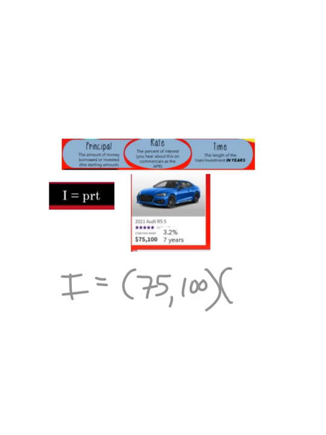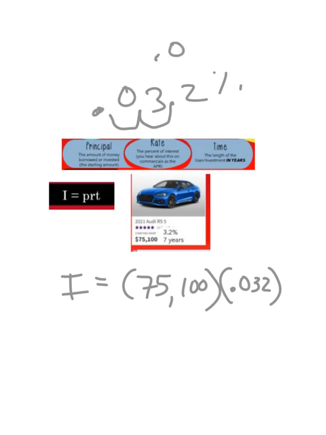Our rate is going to be 3.2%. And remember, 3.2%, we can divide that by 100, or we can move the decimal place 2 to the left. 1, 2, put our decimal here, placeholder 0, so we'll have 0.032. And then multiply that by the amount of time, which is 7 years.